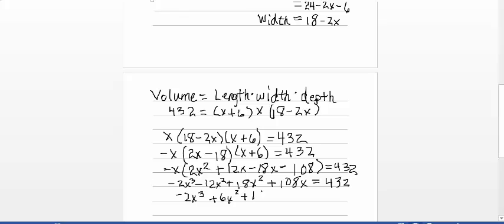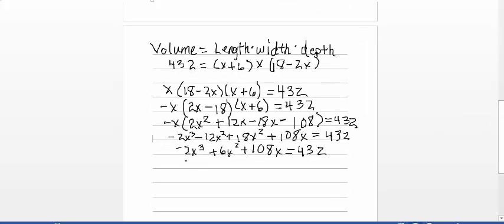Let's combine our like terms. We get minus 2x cubed plus 6x squared plus 108x equals 432. Now let's add the opposite of everything on the left side to the 432.